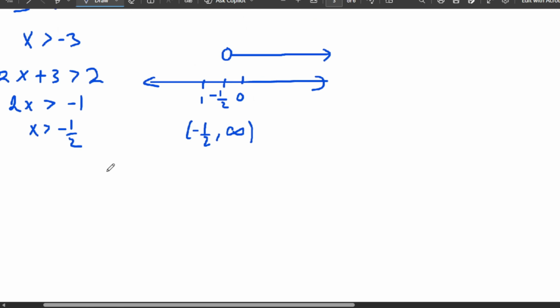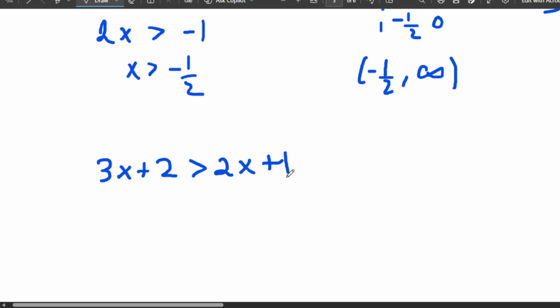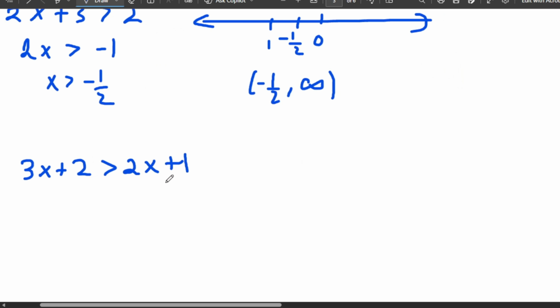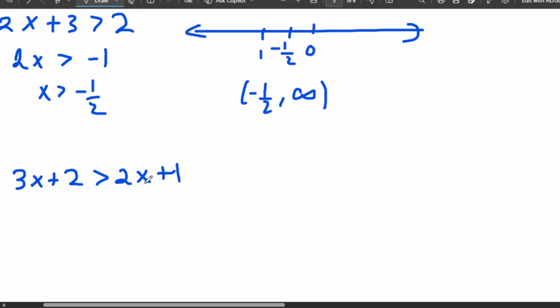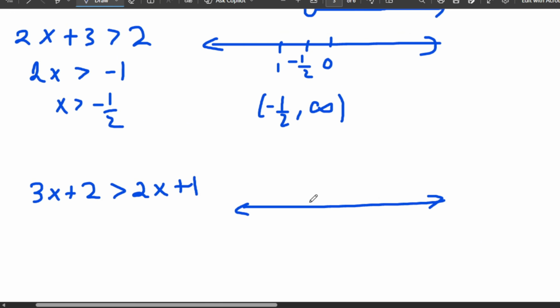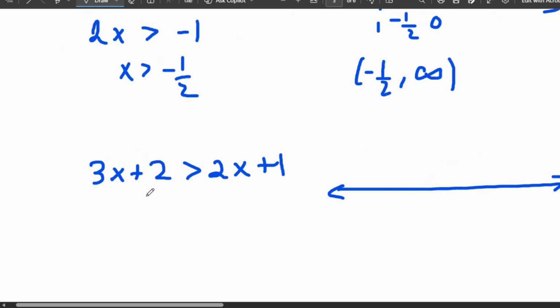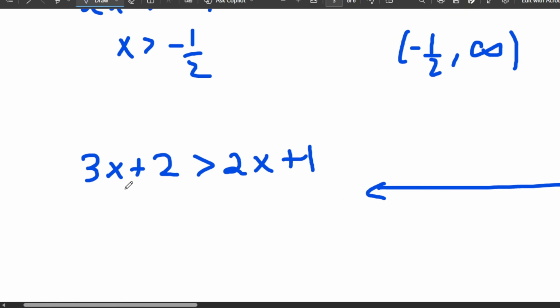Okay, how about if we have 3x plus 2 is greater than 2x plus 1? In this case, first we need to solve the equation for x. Let's make x on the left side. So we minus 2x on left and right.